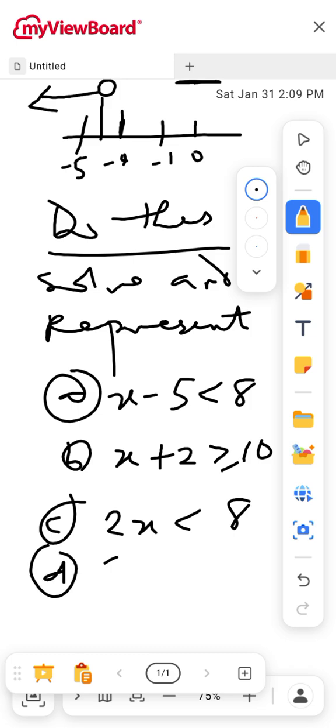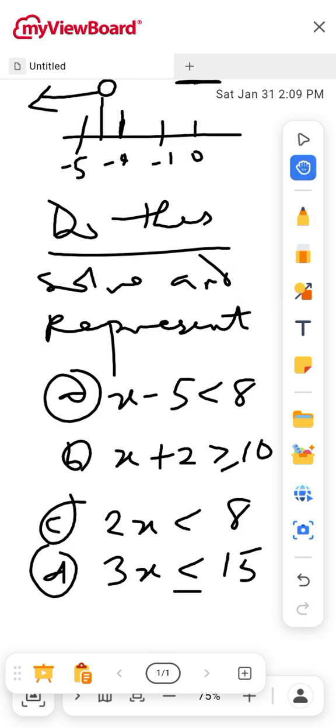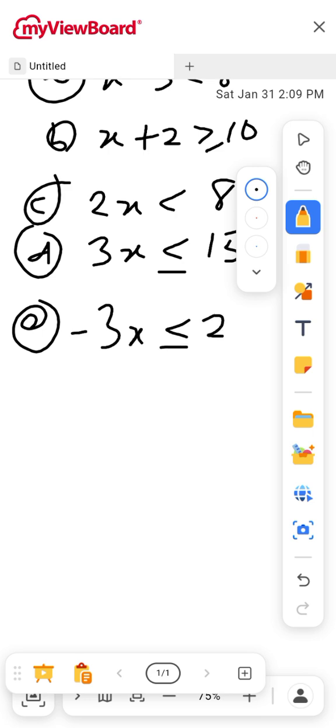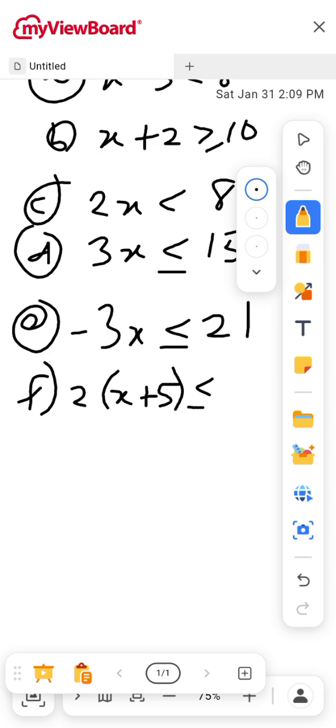D, 3x less than or equal to 15. E, minus 3x less than or equal to 21. F, 2 into bracket x plus 5 less than or equal to 5 into bracket x plus 6.